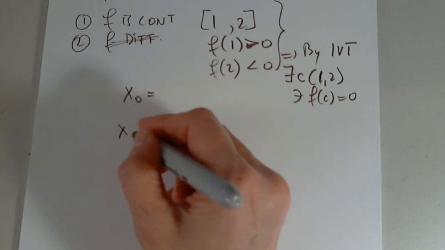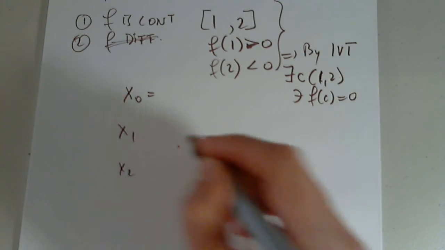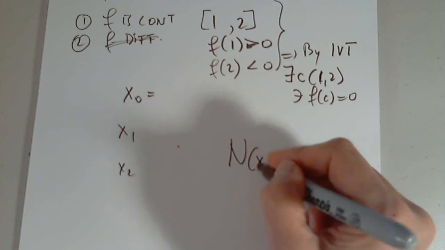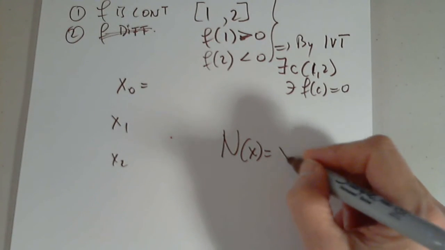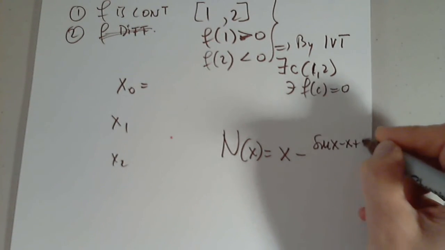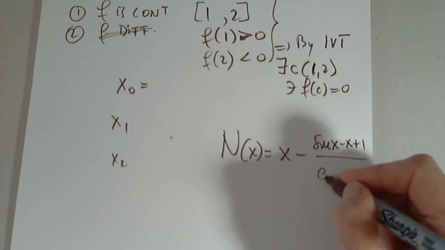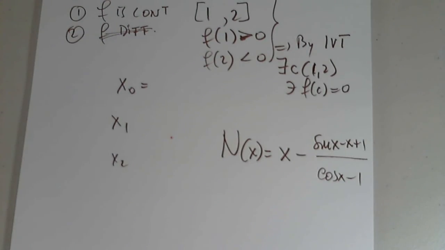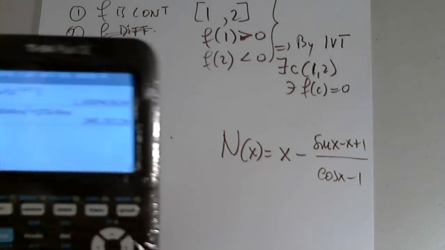So then x1 and then x2. Here's the Newton's function that we want to plug in: sine x minus x plus 1 divided by the derivative, which is cosine x minus 1. Do not erase.